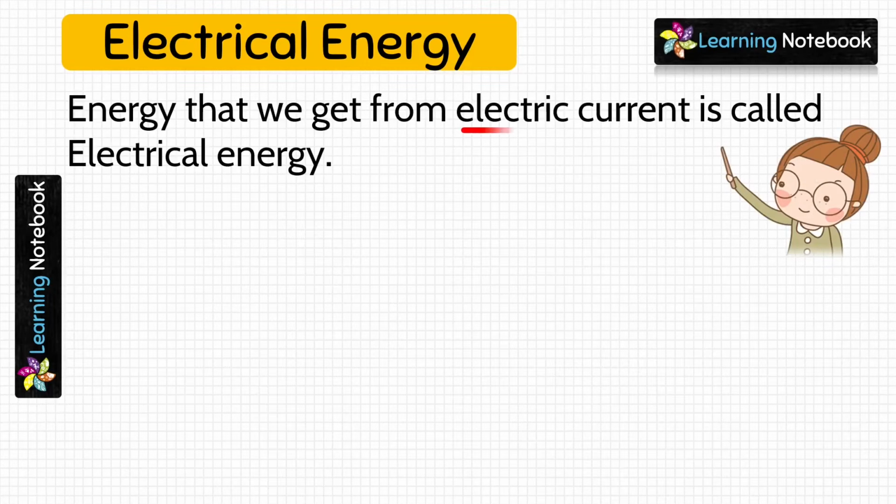Next type of energy is electrical energy. Energy that we get from electric current is called electrical energy.